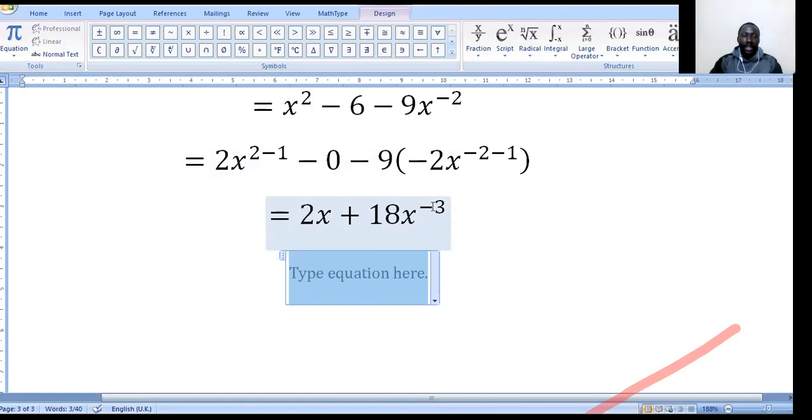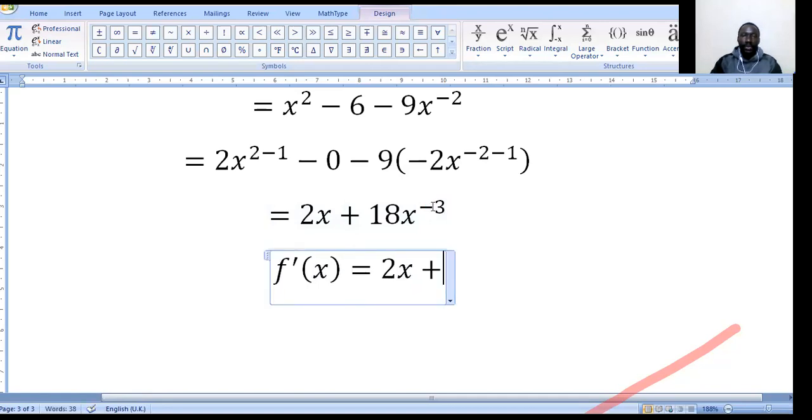Well, we just say the derivative of the function f of x is now equal to 2x plus 18 over x cubed. So let's just write this down. 18 over x cubed.